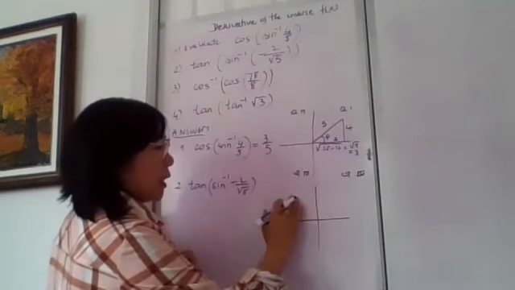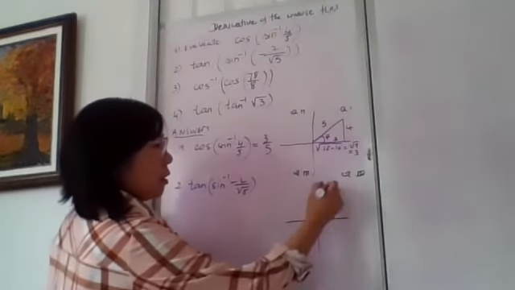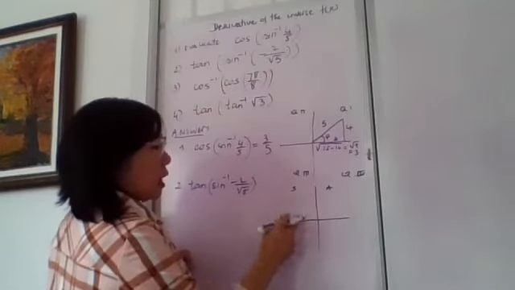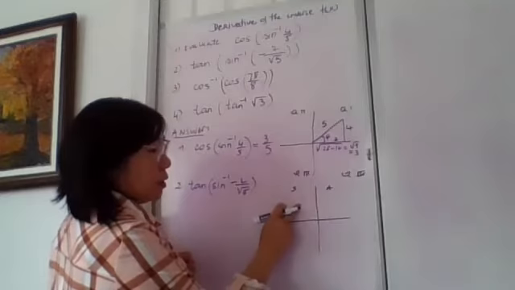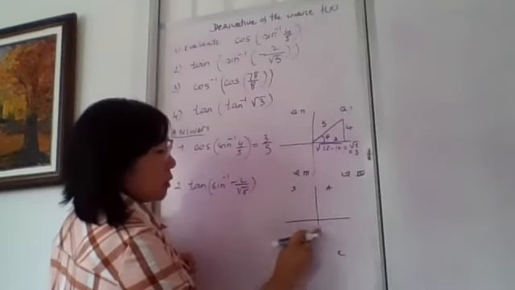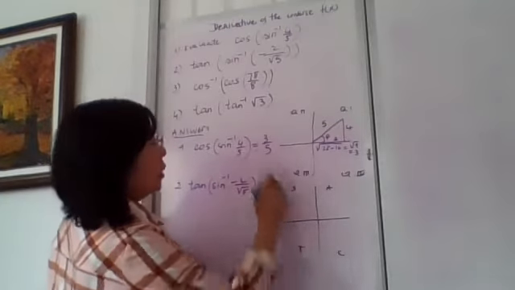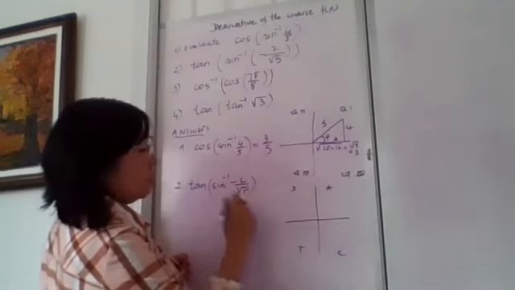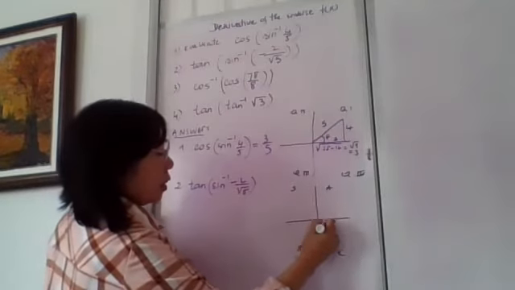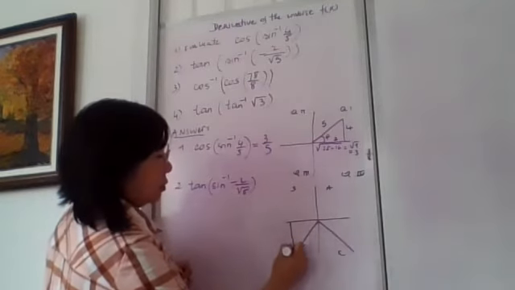We have A, S, T, C. A is for all of them. S is for sine. Sine will be positive in this quadrant. And obviously in T and C, sine has to be negative, and we have this negative value. So we draw the angle in this quadrant and this quadrant.